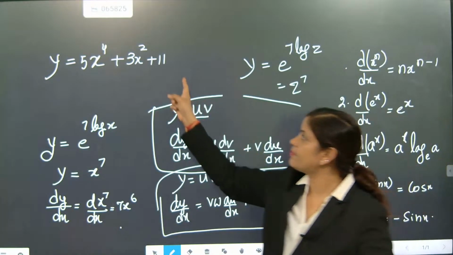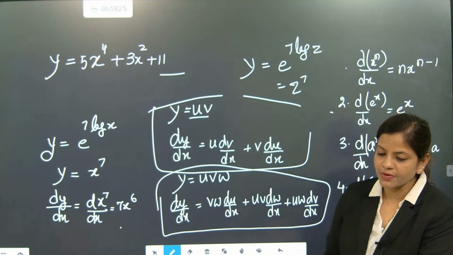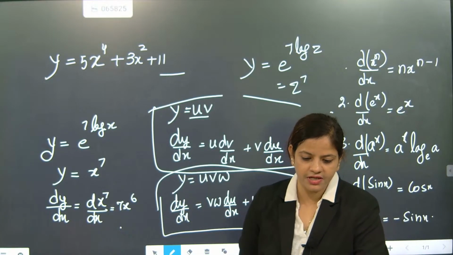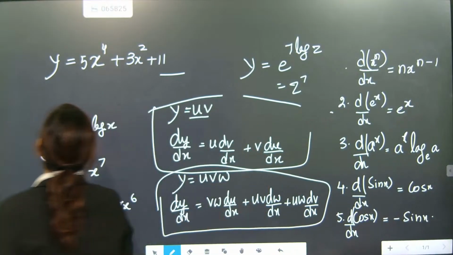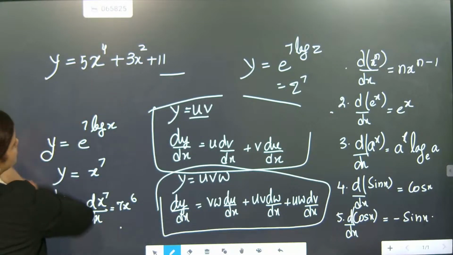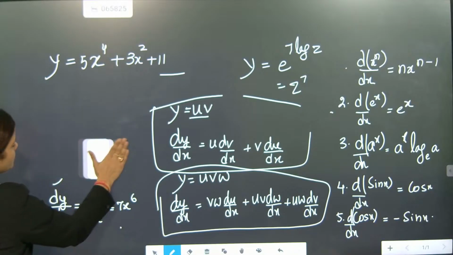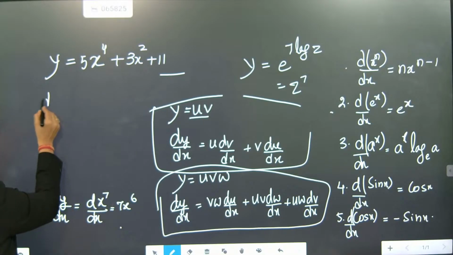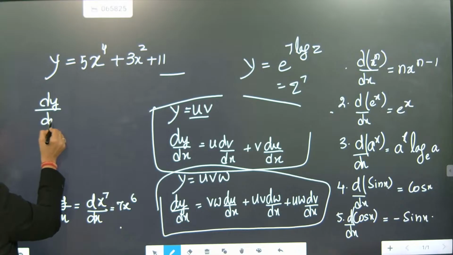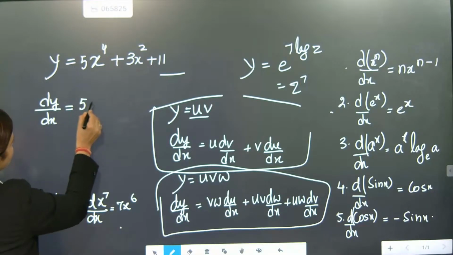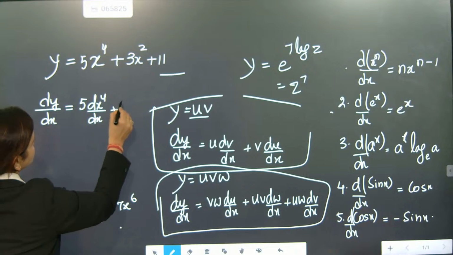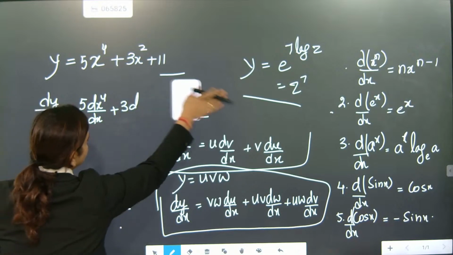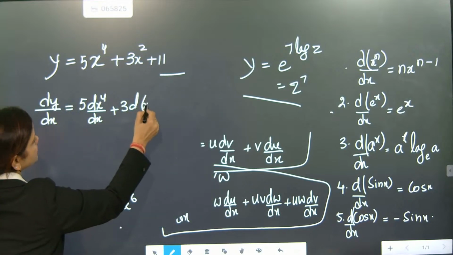We are not doing this by first principle. First principle is only for formula derivation, and we will not waste time on that part. Directly we will solve the question. So here y is equal to this. We write dy by dx as the differentiation of x to the power 4 plus 3 times the differentiation of x square.